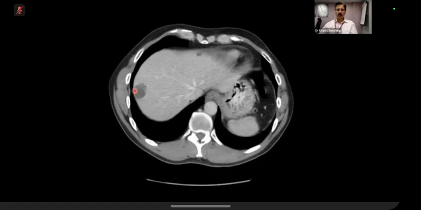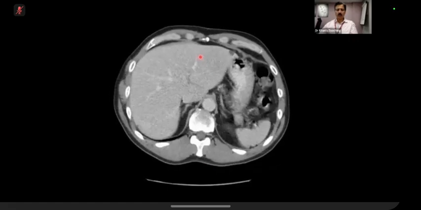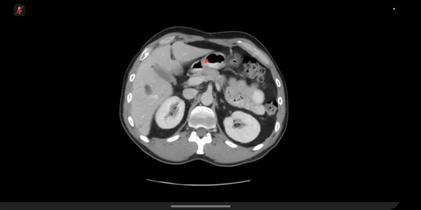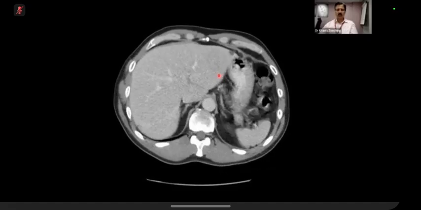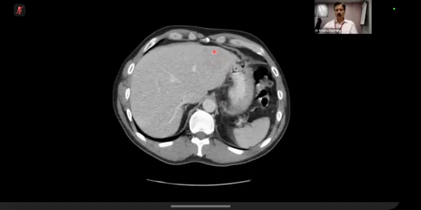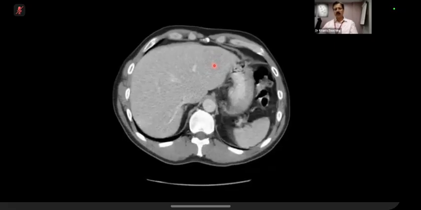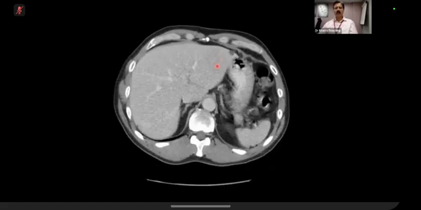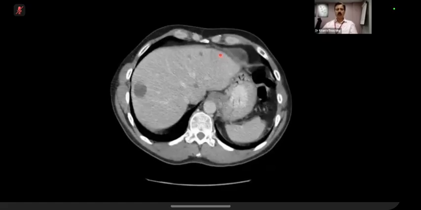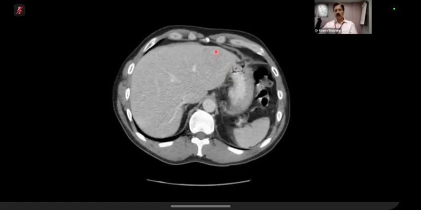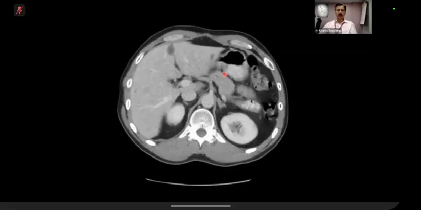Why was it missed? By the way, all of these are simple cysts. There is a metastasis which is sitting actually here where I'm pointing out. And this is just a portal venous phase. Key learning point here is that in the end, I will show you a liver window, and on liver window, you will see it.